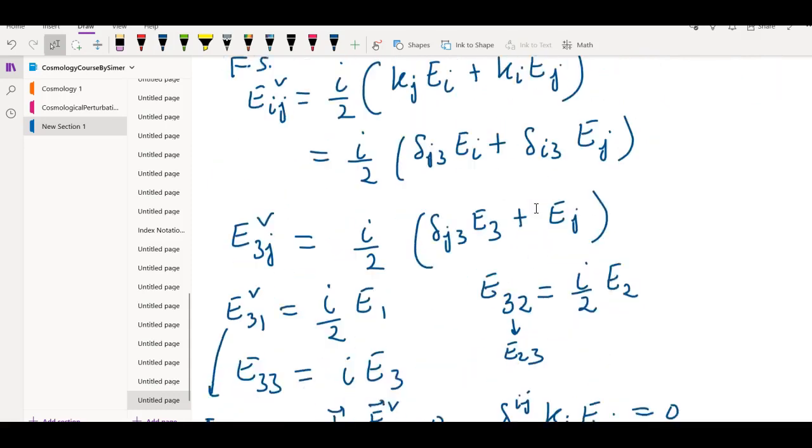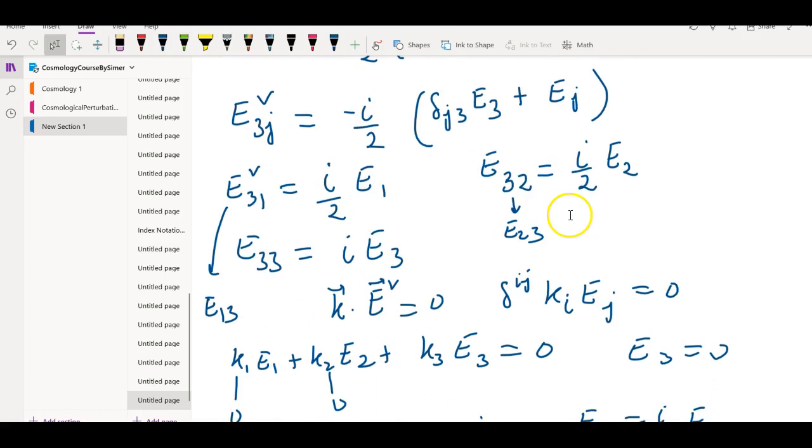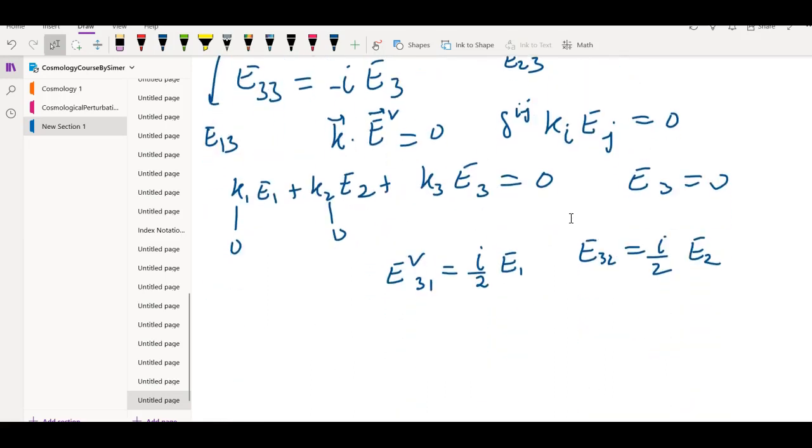So we need to have minus sign everywhere here. So this is this. And again by symmetry, because EV is symmetrical and traceless.